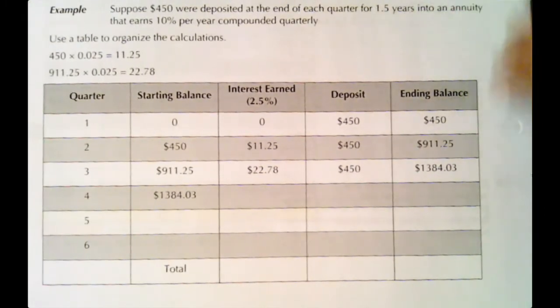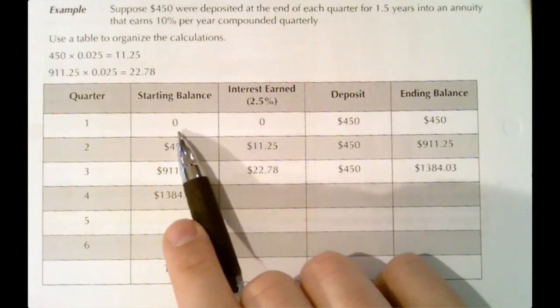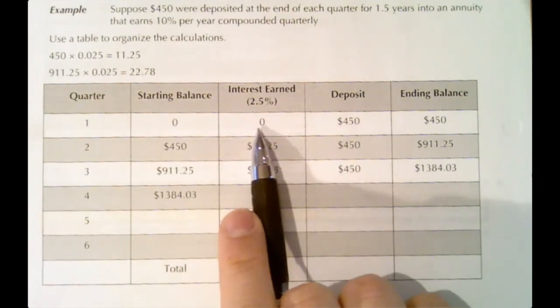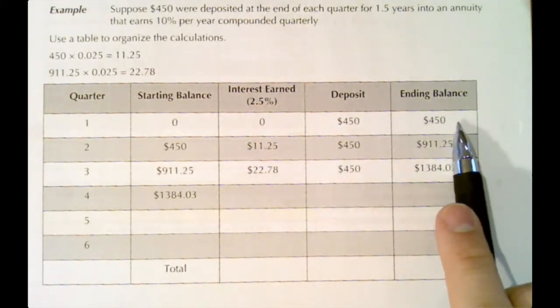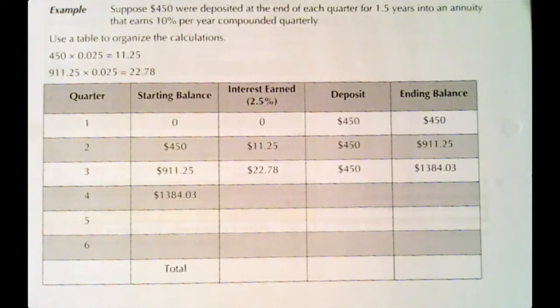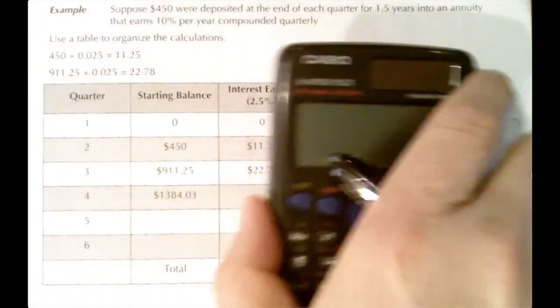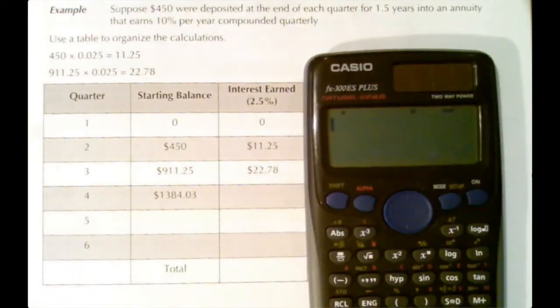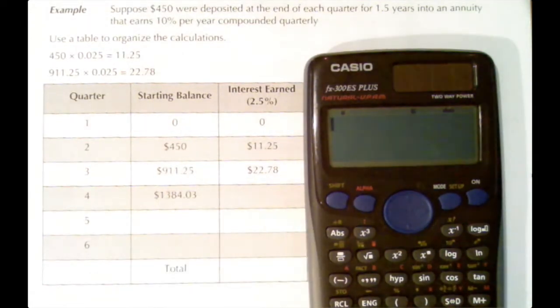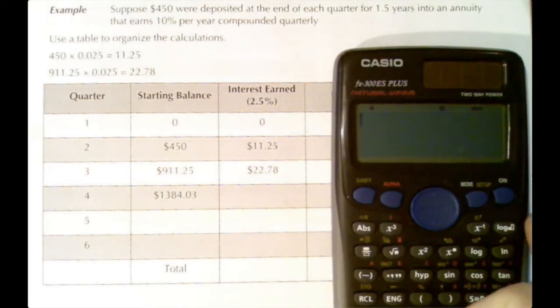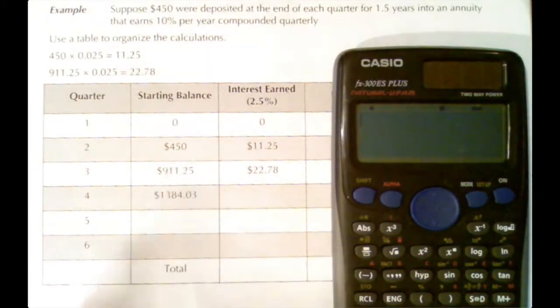So in our first quarter, at the beginning of the quarter, we don't have any money. So we don't earn any interest. But at the end of the quarter, we put our first deposit in, $450. So we end the quarter with $450 in our bank account. Now at the start of our next quarter, we have $450. So we're going to earn some interest. How much interest? Well, 2.5% of $450.